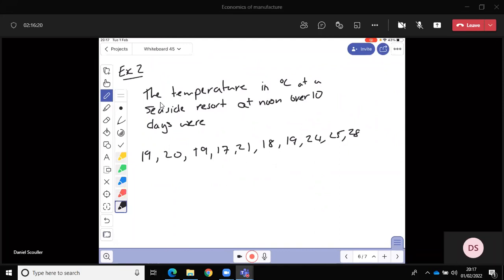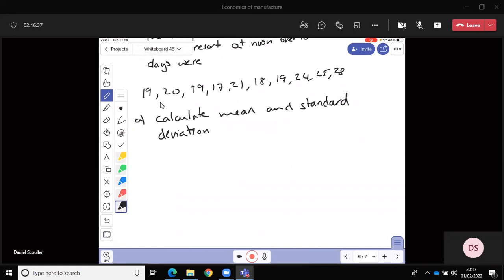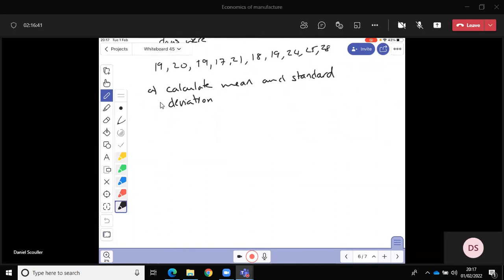First part of the question: calculate the mean and standard deviation. So go through our process.